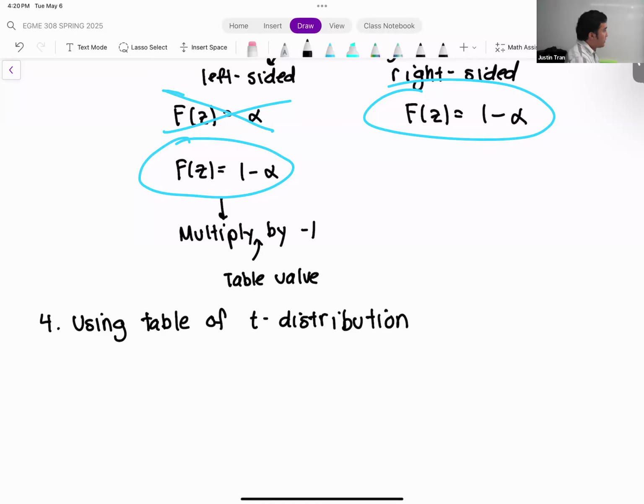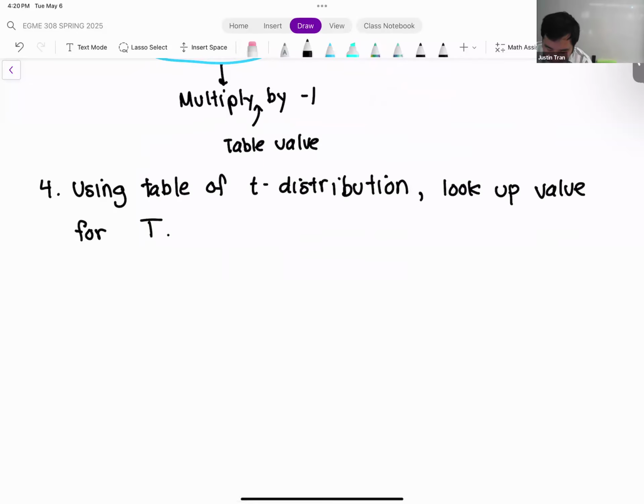And so using the table of the t distribution, we're going to look up our value for capital T. So this is the part where you have your table, and you have a column for f of z here, maybe 0.5, 0.6, ... 0.95.